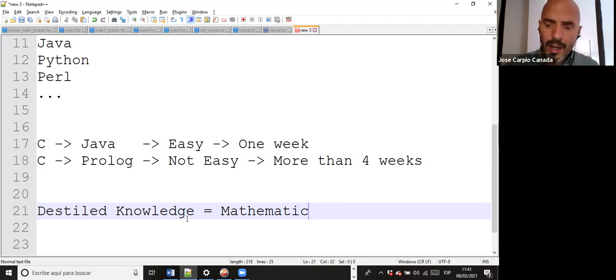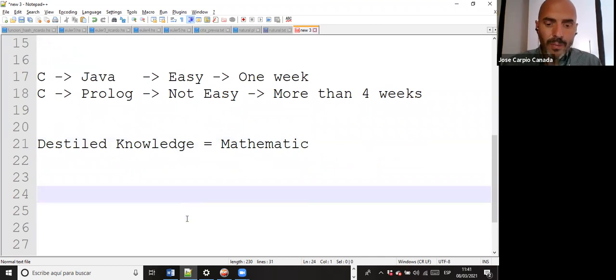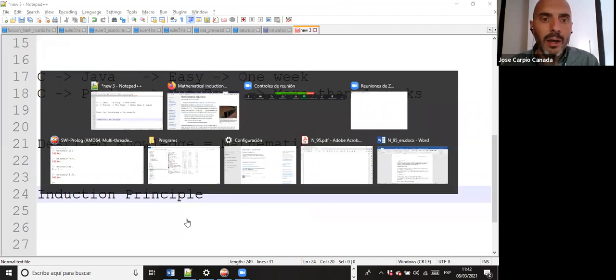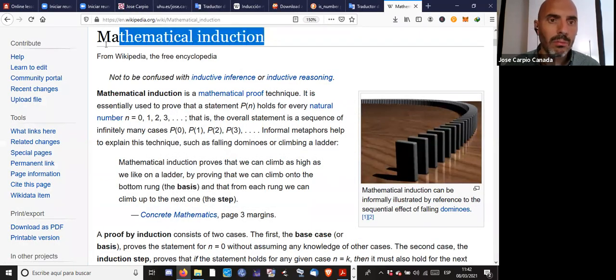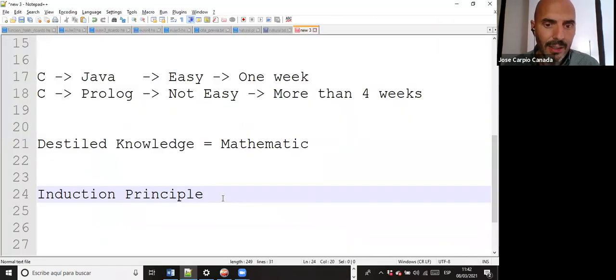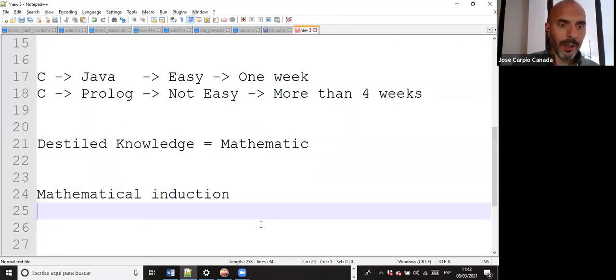What is the idea about the induction principle? Okay, so please don't go to the beach now. Wait a little bit more. The induction principle, or as we say here, mathematical induction. What does that mean? This is the base we're going to see this semester.